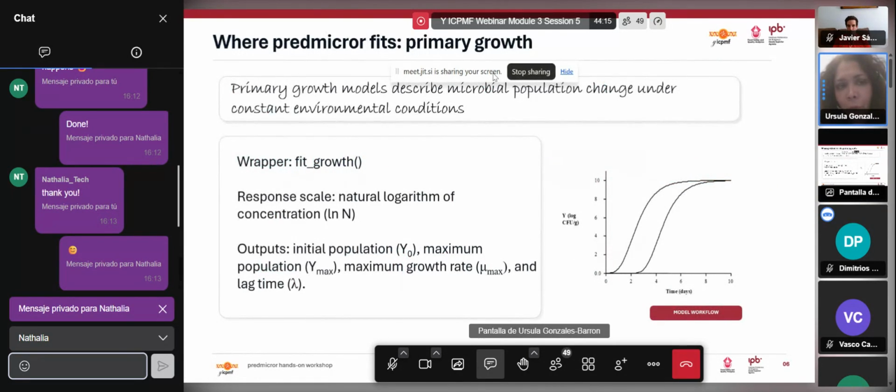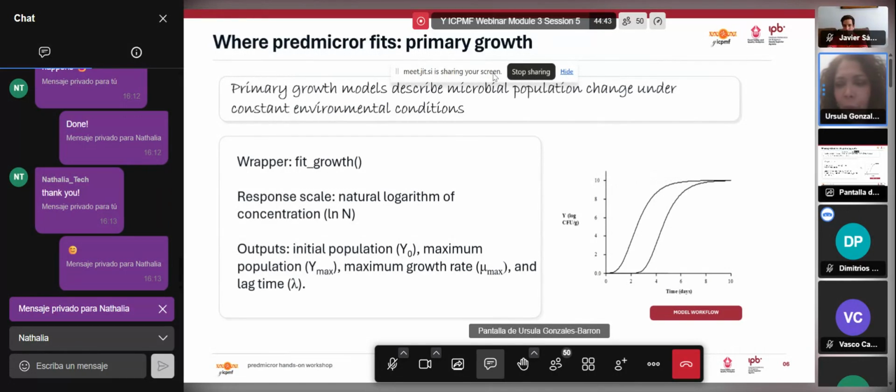So now I am going to start describing the package. With the package, you will be able to fit primary growth models. And as you know, a primary model describes the growth of a microorganism. The assumption is that this growth is happening under constant conditions, so that the environmental factors are constant in time.